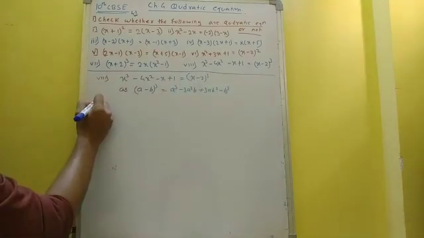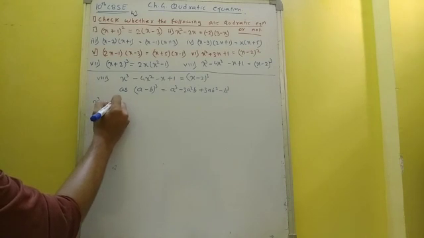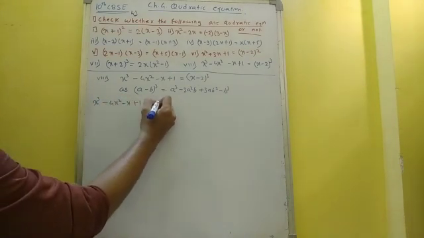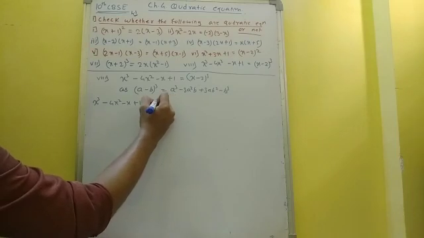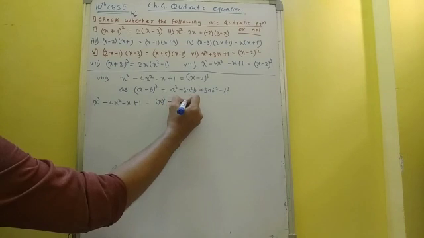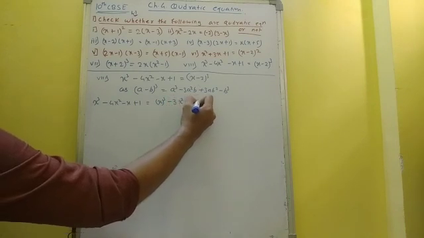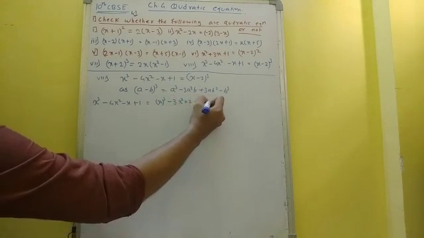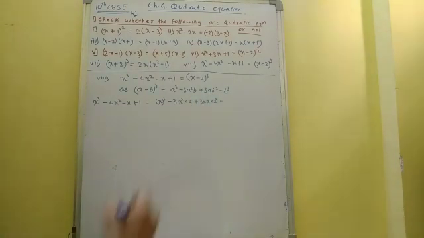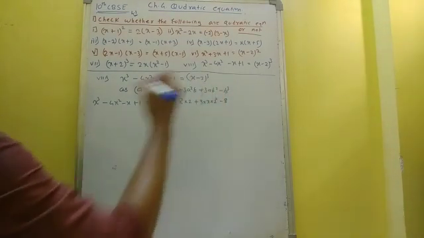So this is as it is, x cube minus 4x square minus x plus 1, a cube minus 3a square b plus 3ab square minus b cube, that is 2 cube is 8.